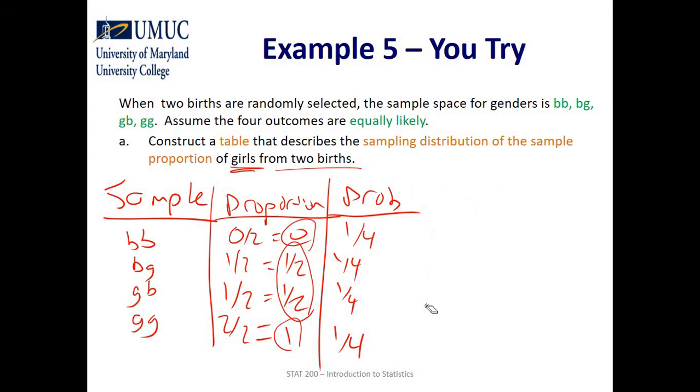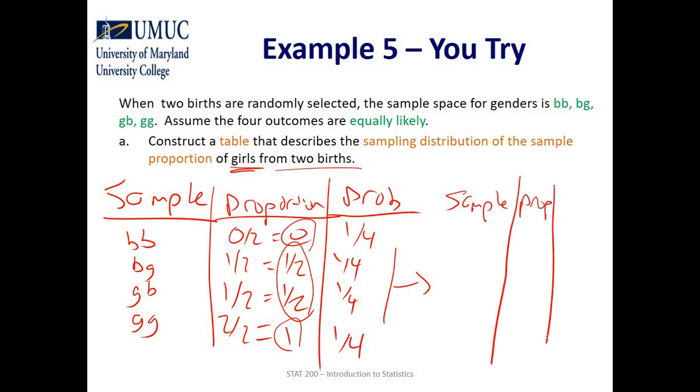I'll erase this, and we'll just come over here. So we have the sample, we have the proportion, and then we have the probability associated with that. My first sample is boy, boy. The proportion of that is 0, and the probability of that is 1/4.